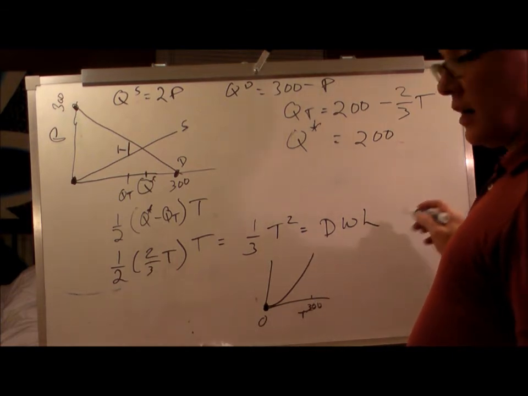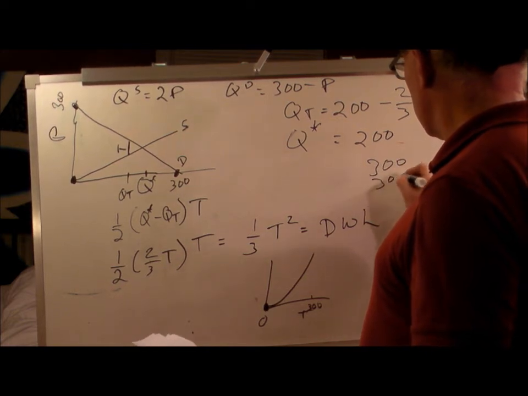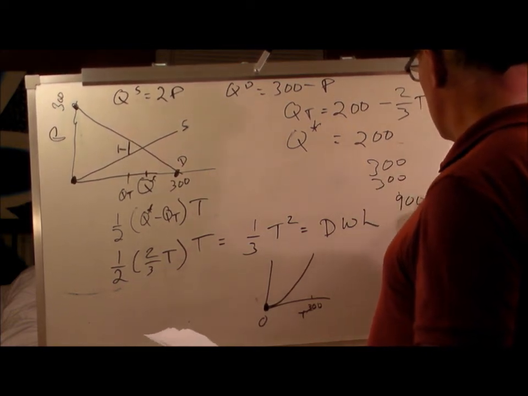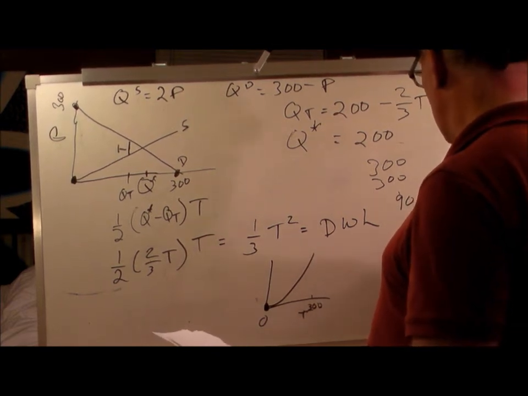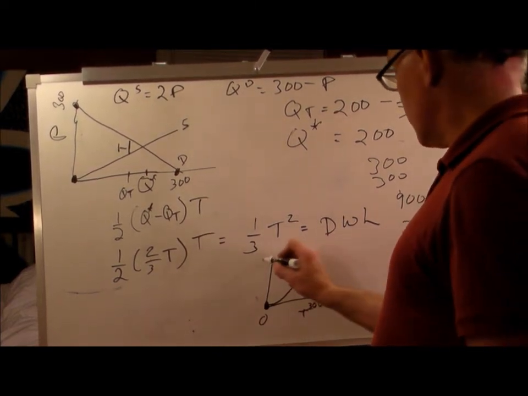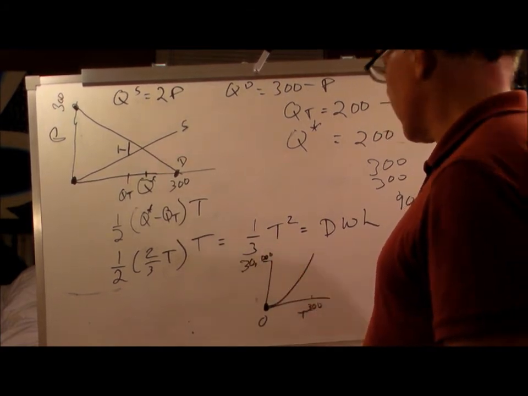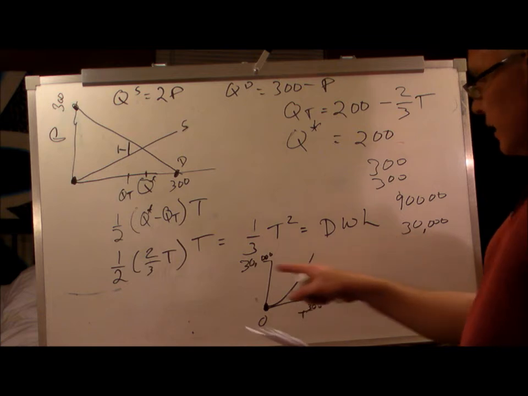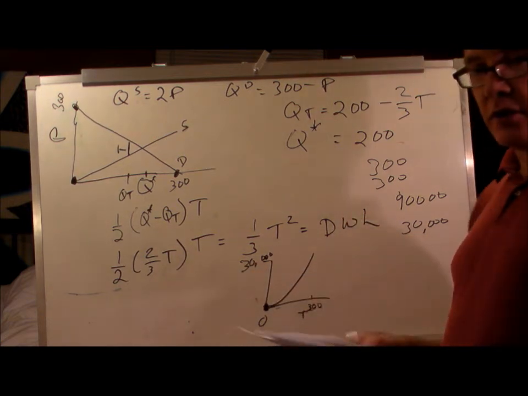So 300 squared is 300 times 300, which is 90,000, divided by 3 is 30,000, and so we know that the deadweight loss at 300 is going to be 30,000. And at 0, of course, it would be 0, and it's going to have an upward slope like that.